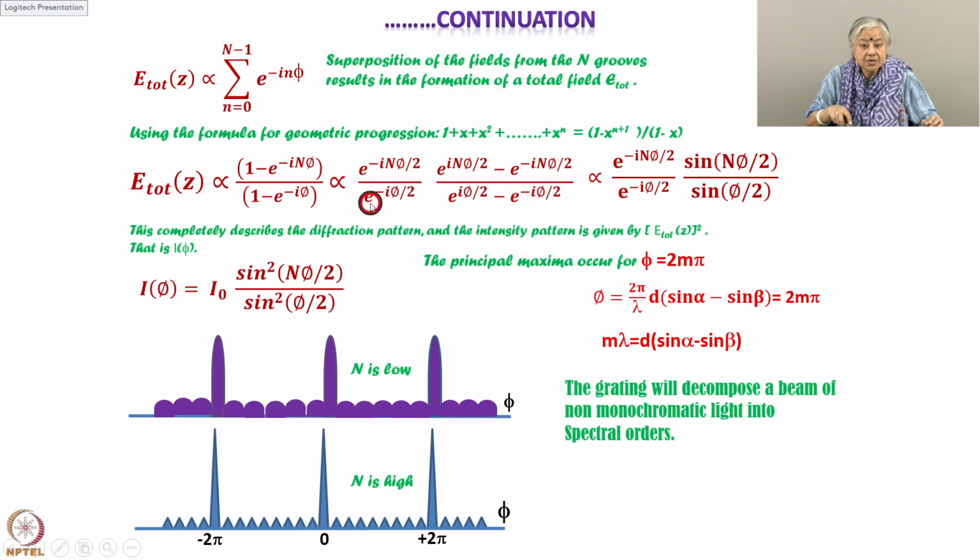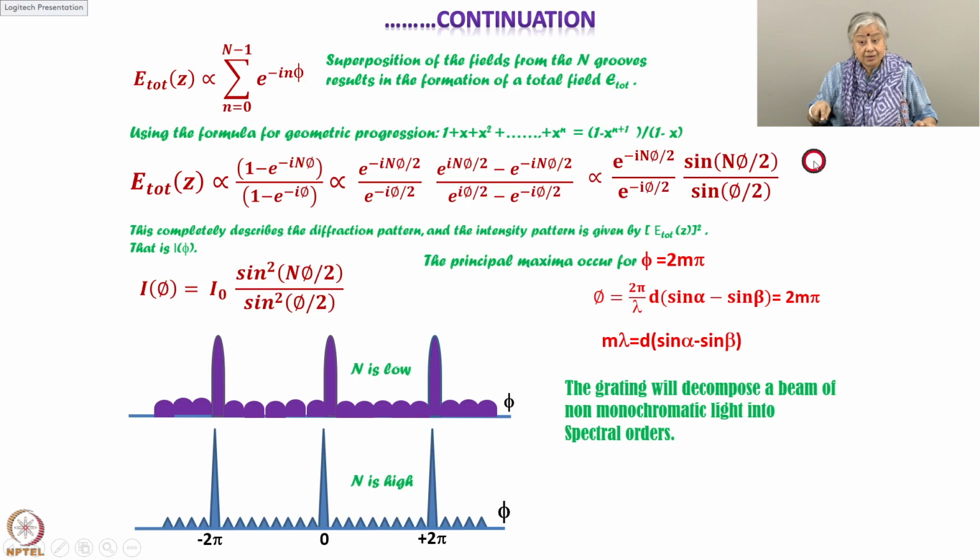Here I have just taken out e to the power minus I n phi by 2 common and written it this way, because I can write this as sine n phi by 2 over sine phi by 2. So these two equations are similar. I keep putting this proportionality sign because I have removed the time part of it, and we are interested only in this.